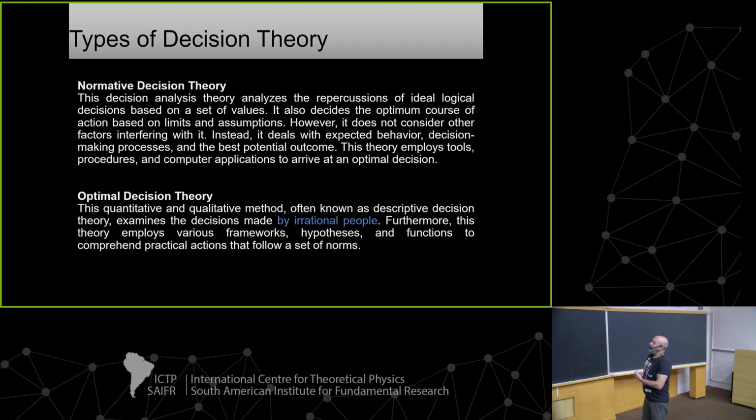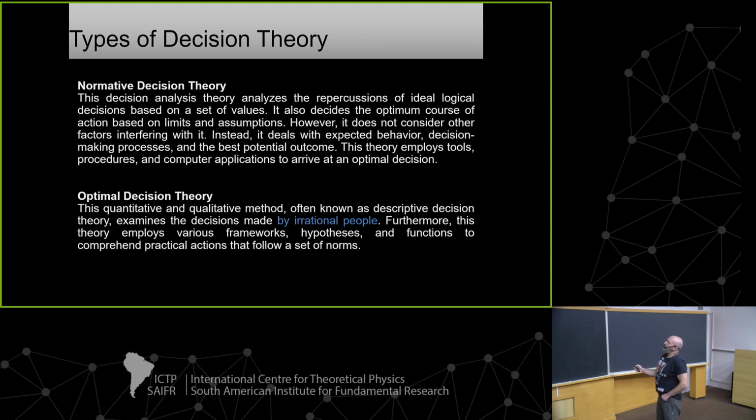On the other hand, we have the descriptive decision theory, which is not qualitative but mainly quantitative, though sometimes also qualitative, and it examines the decisions made by irrational people.